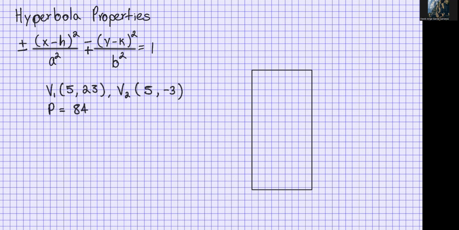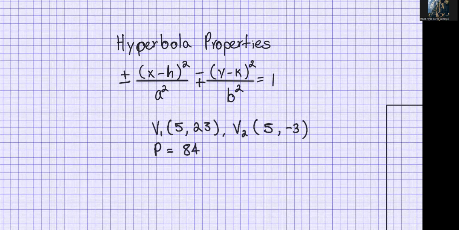Let's begin our analysis. As always, the first thing that we have to do is to determine if we're dealing with a horizontal or vertical hyperbola. If we see the vertices are changing on the vertical coordinate, therefore we have a vertical hyperbola.